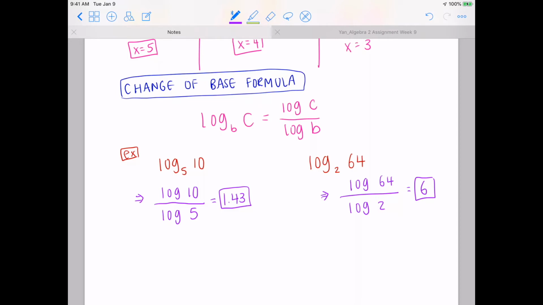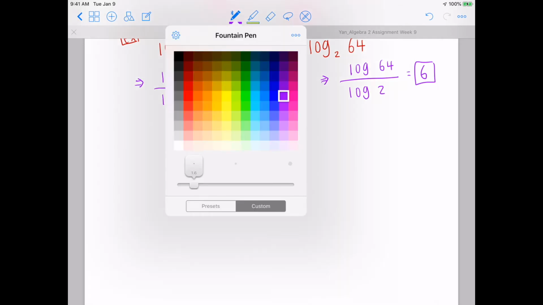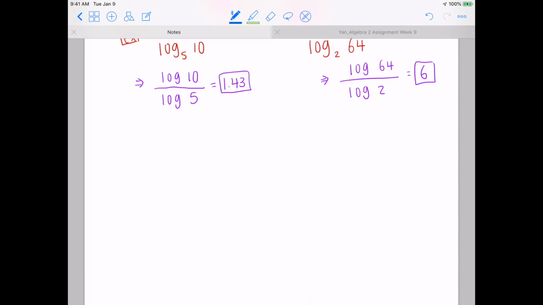Okay, so let's see how we are going to use this formula. I am going to show you a question, and then we'll show two methods. So we're going to have 300 equals 3 to the t power.